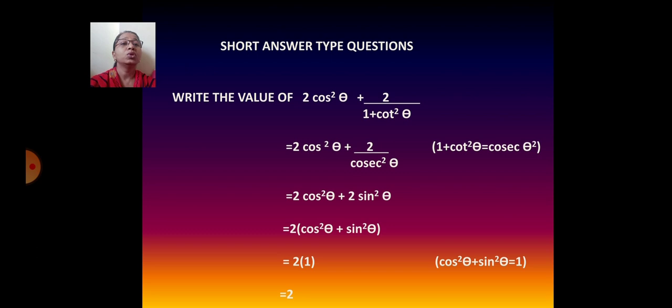So that is equal to 2 cos square theta plus, now 1 upon cosec square theta is sin square theta, so you will get plus 2 sin square theta. Now 2 is present in both the terms, so take that 2 common. Inside the bracket, cos square theta plus sin square theta, which is an identity, will reduce to 1. Since cos square theta plus sin square theta is 1, 2 into 1 is equal to 2. So these are short answer type questions.